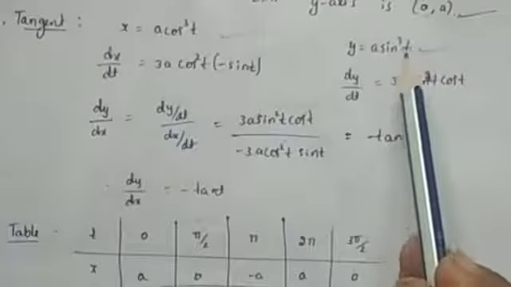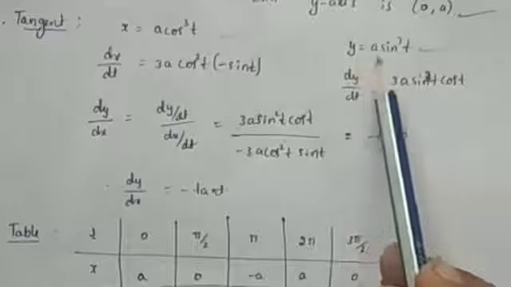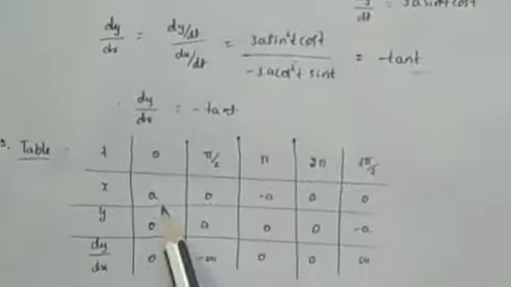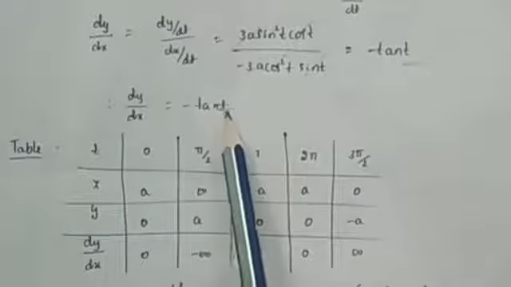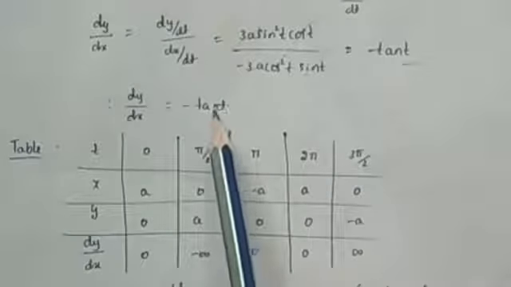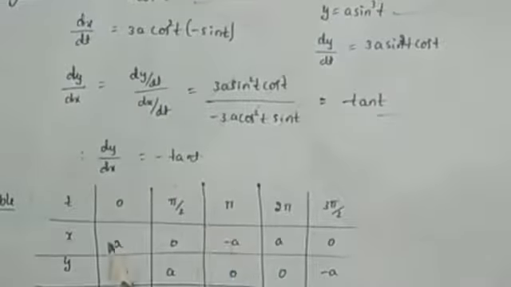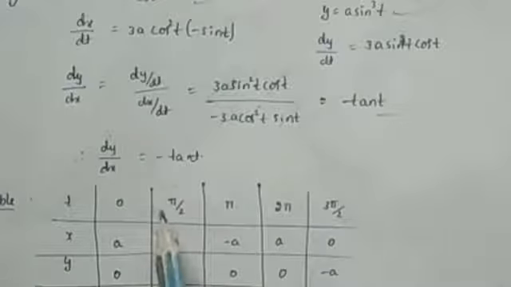At t is equal to 0, we get the value of y is equal to 0, since sin 0 is 0. Then at t is equal to 0, tan 0 is 0, we get dy by dx is equal to 0. Similarly, we find the values of x, y and dy by dx for different values of t.